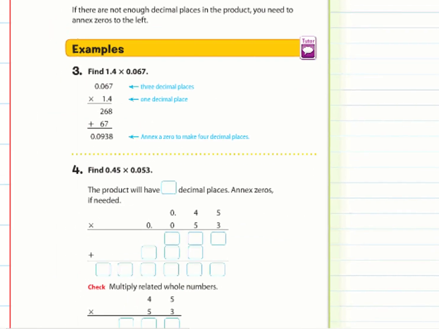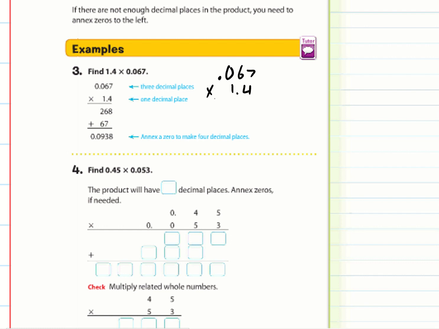Okay, so example 3 says find 1 4/10 times 67 thousandths. So after multiplying, and this is actually what I was talking about in C, so we'll get some practice here.